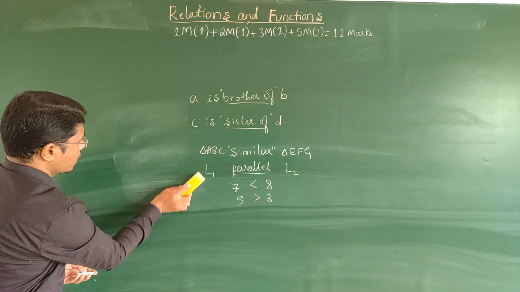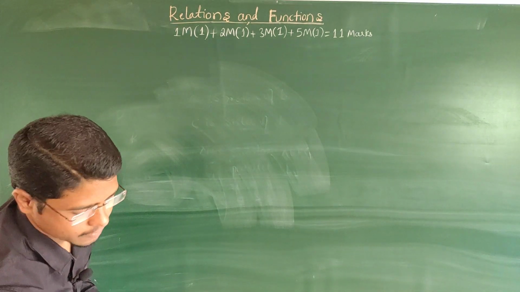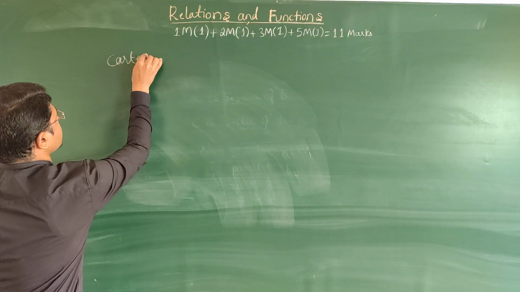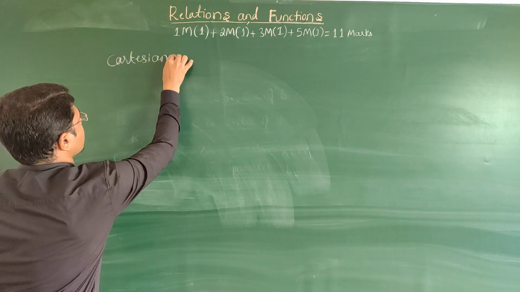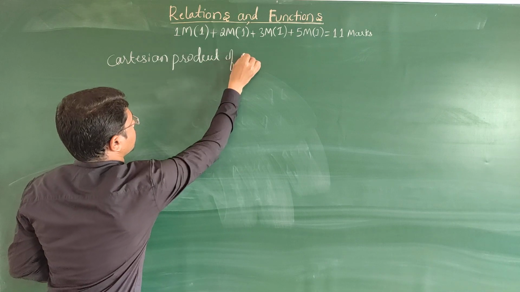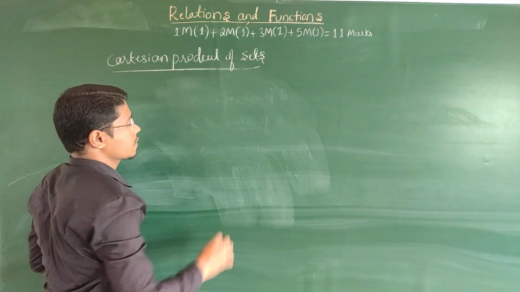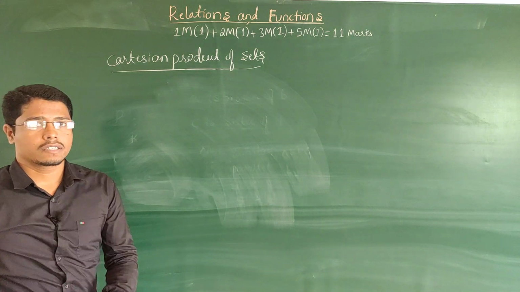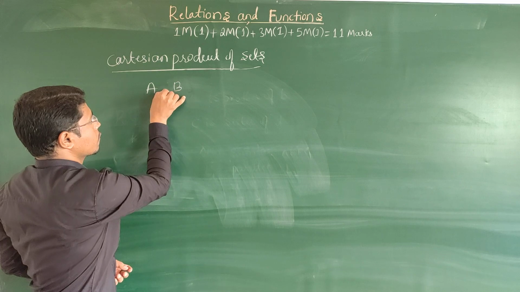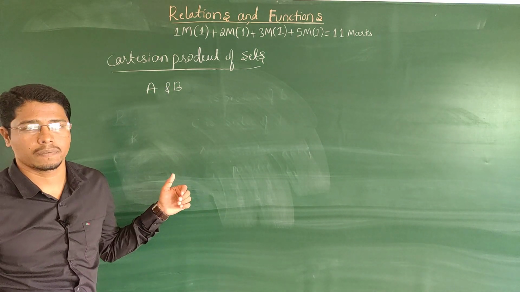So let us see what a Cartesian product and ordered pair are. Let us study the Cartesian product of sets. Let us consider two sets A and B. Let A and B be two non-empty sets.